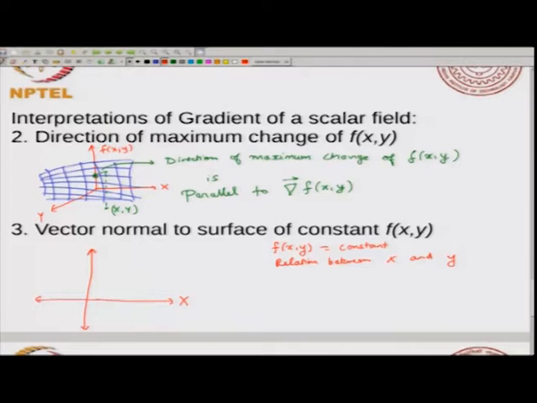So, a surface where f of x y is constant will be some line like that. Depending on what this function is, it will be some graph in the x y plane. Now, if I change the value of this constant, then I will get another graph.